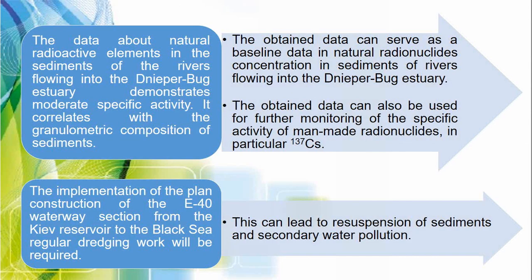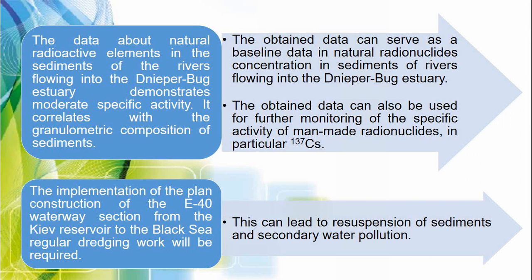To sum up, the results of our research show the specific radioactivity values and distribution of natural and man-made radionuclides in modern sediments of the rivers flowing into the Dnieper-Bug Estuary.